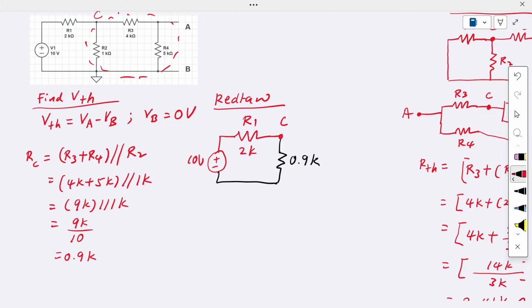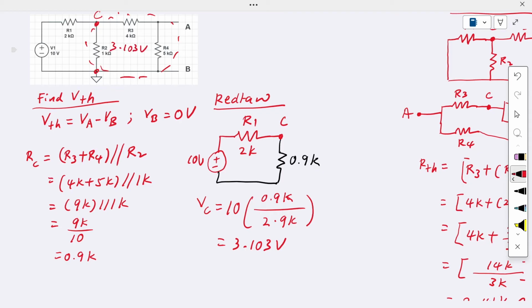Now in that case, we can find the voltage VC. So VC using the voltage divider formula is equal to 10 times 0.9K, divided by 2K plus 0.9, which is 2.9K. Okay, that gives us the VC value. So the VC value we get is 3.103 volt.